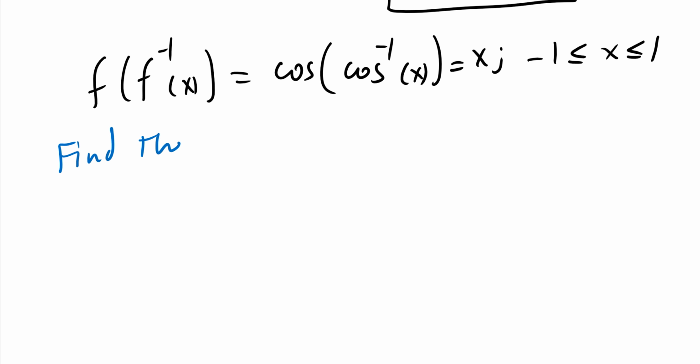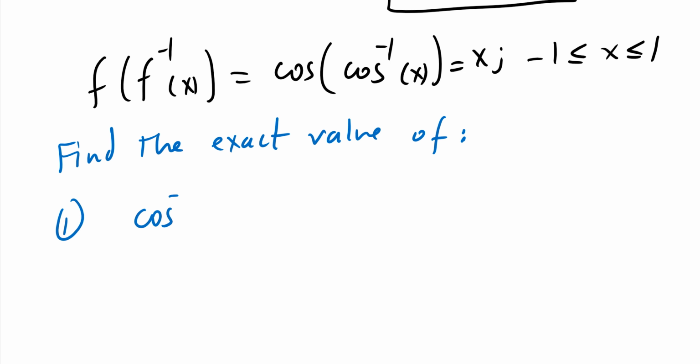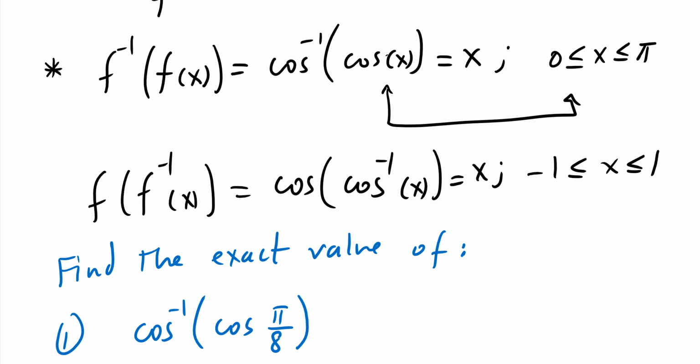Find the exact value of number 1, cosine inverse of cosine pi over 8. Okay, so first thing we look at is, does that match the first or second one? It matches the first one.